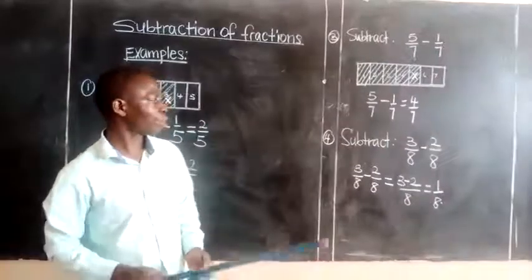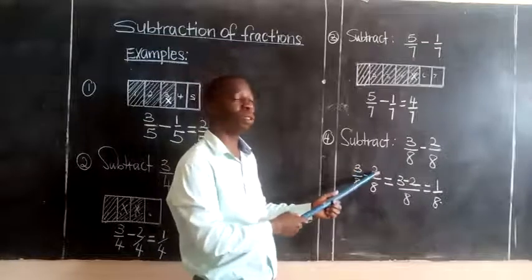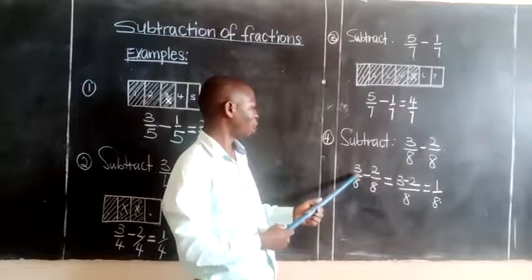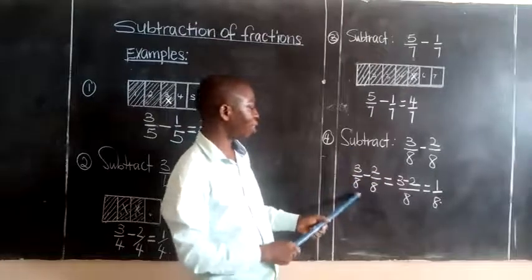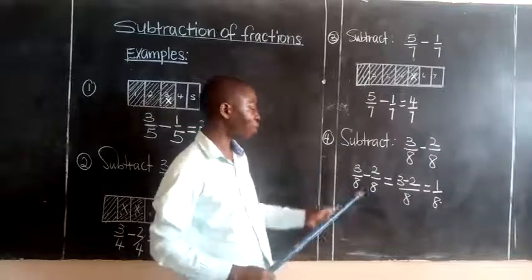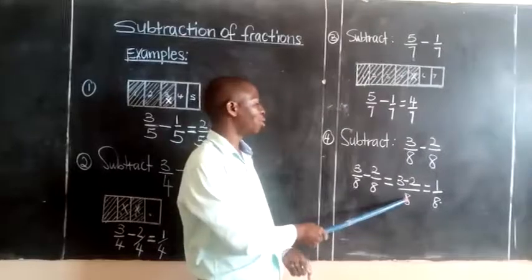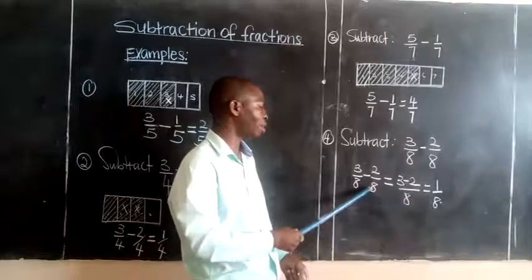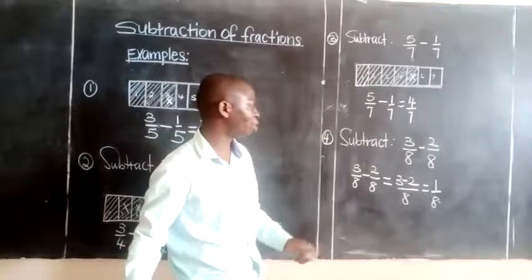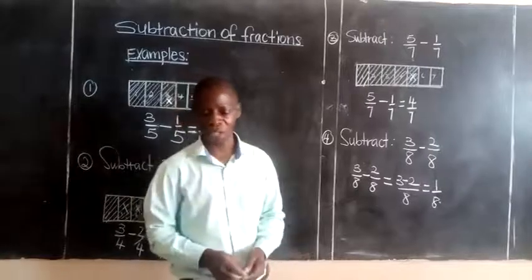Once you are subtracting, you take away the upper numbers and the denominator remains the same. However, don't write both denominators. You only write one to represent the other because they are the same. So you should take special note of that.